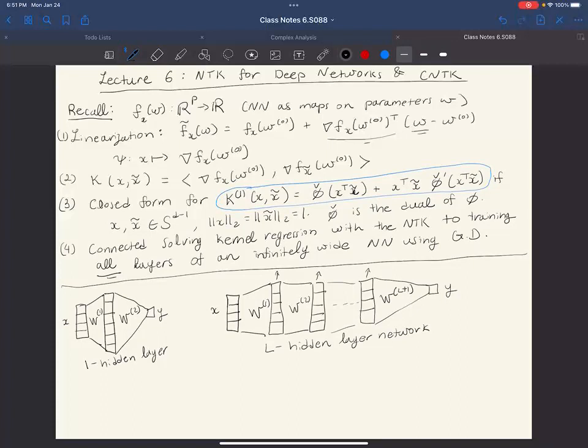In fact, this will be the case for convolutional neural networks, but this is still an active area of research to understand how much depth is useful for predictive tasks. But what we'll see is we just want to show that we can get the flexibility that we had with neural networks with kernel methods, and consider a variety of kernel methods. So if a deep neural network is working well, we should be able to compute the CNTK for the corresponding network and have a richer class of kernels to work with.